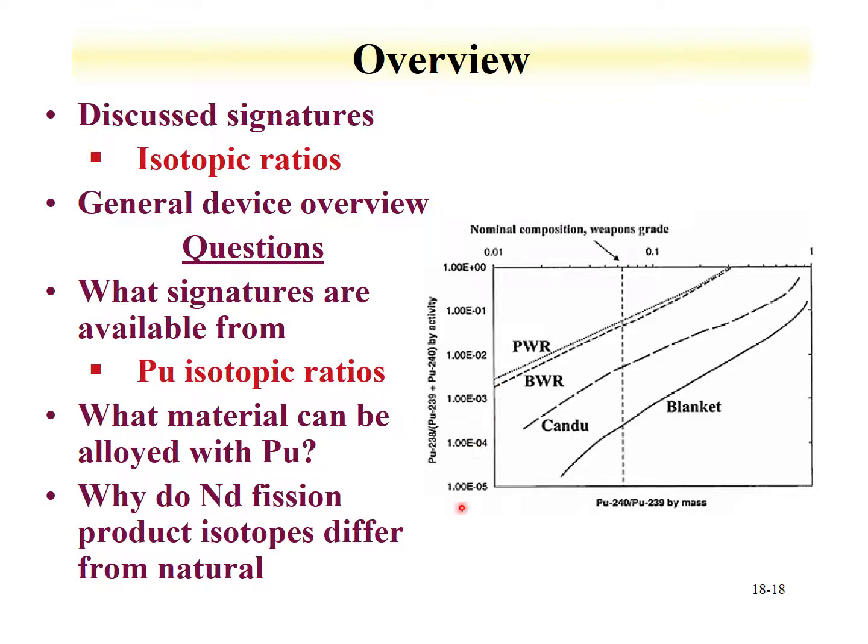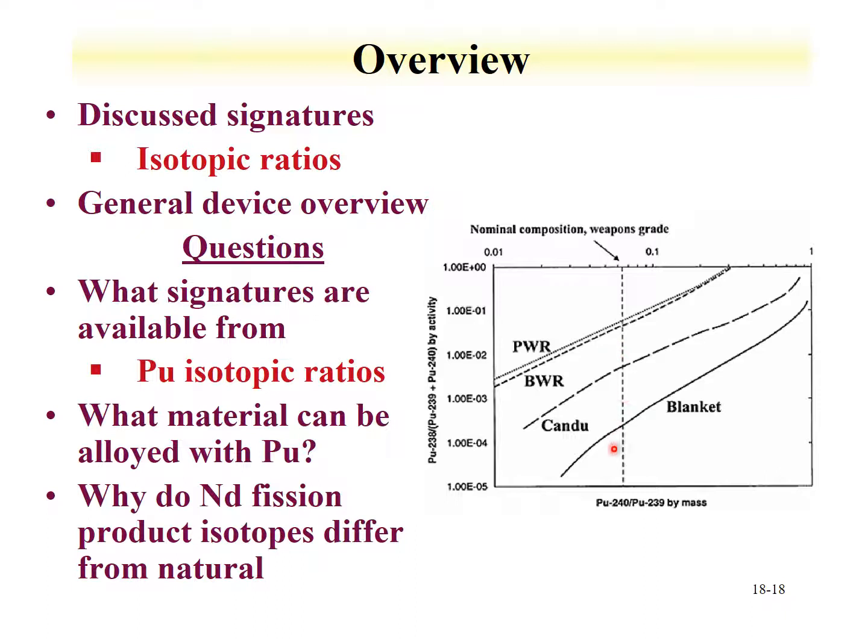Well, the plutonium isotopic ratio can give very valuable information about where the plutonium was generated. If one evaluates the plutonium-238 to 239+240 activity ratio divided by the 240 to 239 mass ratio, one can find out if the plutonium came from a light water reactor, either a pressurized water reactor or a boiling water reactor, a heavy water moderated natural fueled reactor, a CANDU, or a blanket, which is uranium that's outside of the main reactor zone, used for capture of uranium to plutonium.